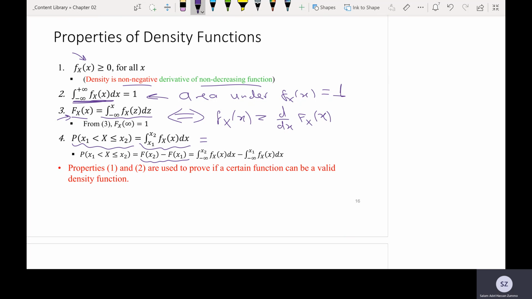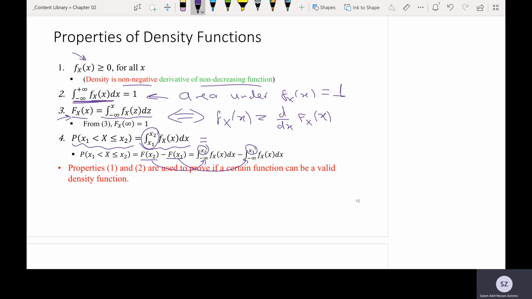It's the integral from minus infinity to x2. What is F_X of x1? It's the integral from minus infinity to x1. So I am integrating the same function over overlapping periods. So this is equal to the integration in the overlap only, which is x1 to x2, because the integral from minus infinity to x1 is common in both. There is no need to repeat it.